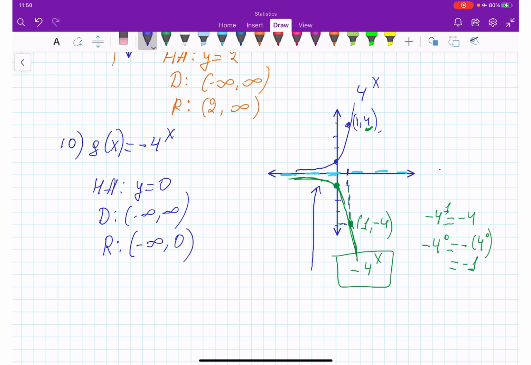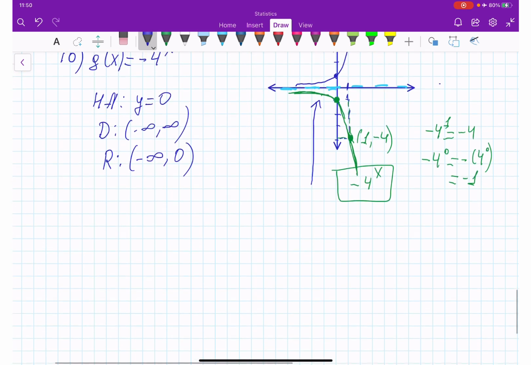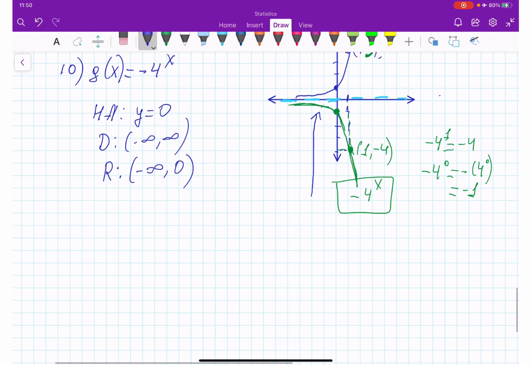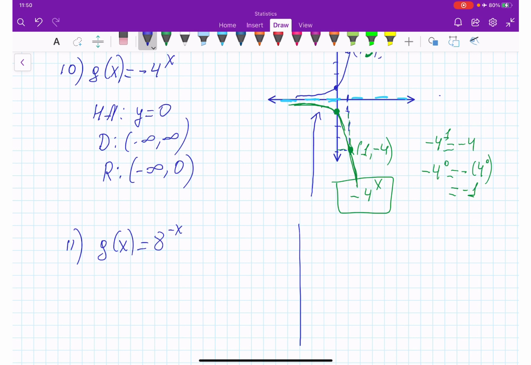Question number 11. I guess now we are going to manipulate with this. So now h to the power negative x. We already built 8 to the power negative x, but that's a good thing that it came across, so you can see negative 4 to the power x and 4 to the power negative x. So it's 8, but doesn't matter. G of x, 8 to the power negative x, which means this is 1.